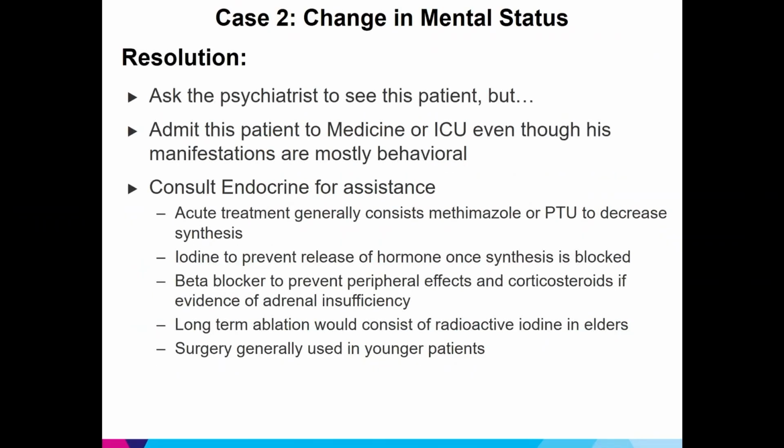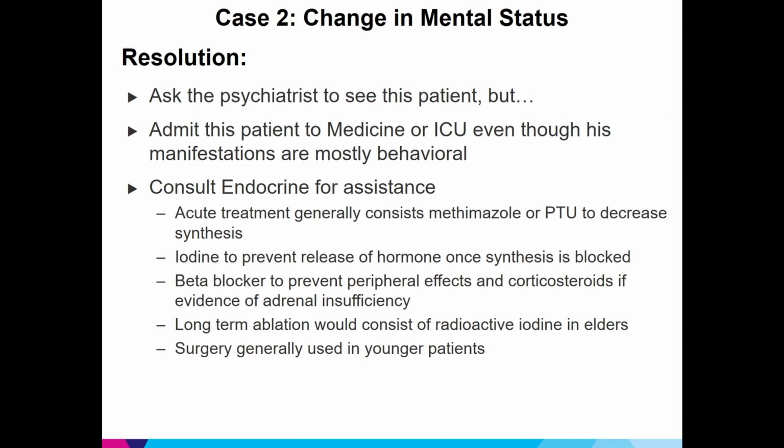So certainly with this new acute change in mental status, you may ask the psychiatrist to see the patient, but it is imperative that this patient has a thorough medicine evaluation and perhaps even ICU evaluation. You want to lean on your specialist, such as endocrine, for assistance.